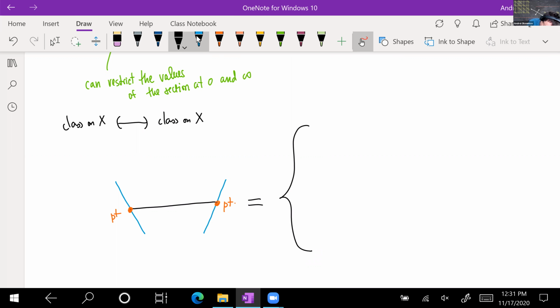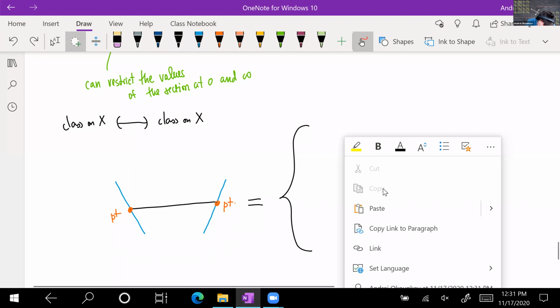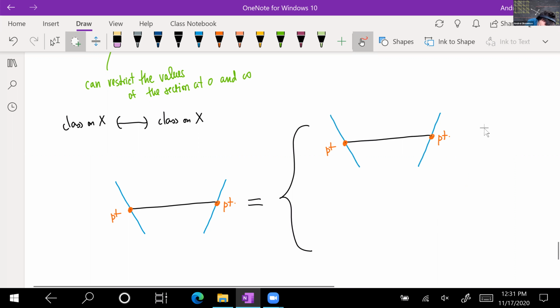If K is bigger than 1, I have polynomials that vanish at 0 and infinity. They're still a K minus one dimensional space of these.